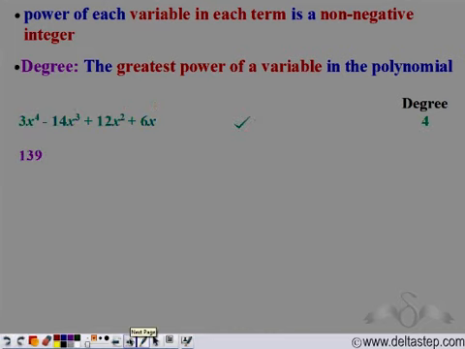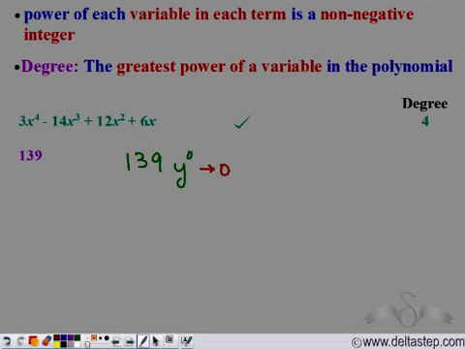Now let us consider this expression 139. We see that there is no variable here. Consider this expression 139 into y to the power 0. Now what is the power of the variable in each term? There is only one term and the power of the variable in that term is 0.